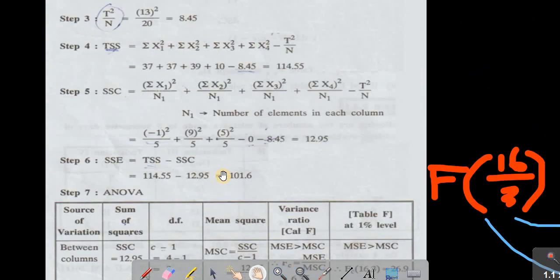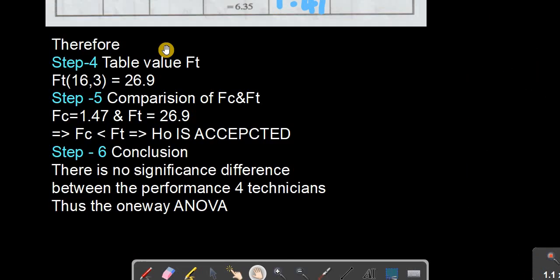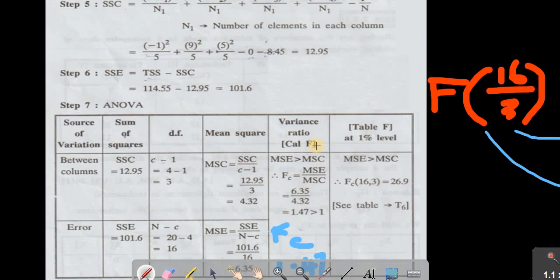H naught means our null hypothesis that we make here. So what you see in this problem, the calculated value is less than the table value. Therefore H naught is accepted. That's what you have to understand. Very important point here. That means what?